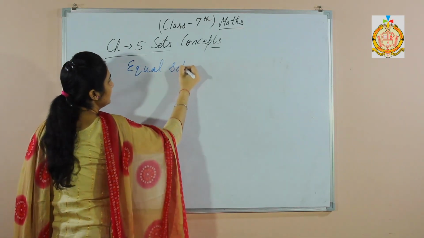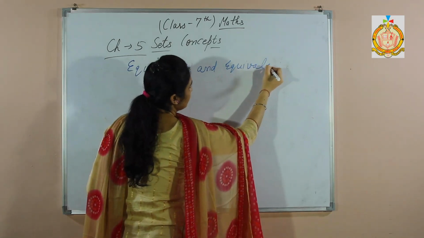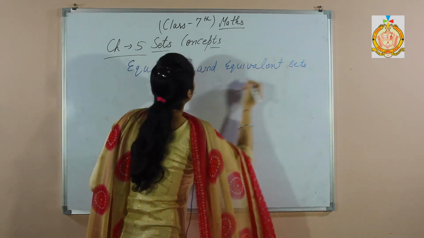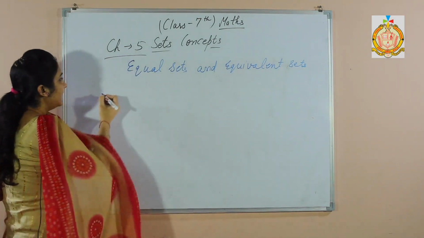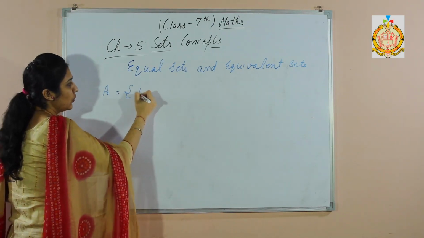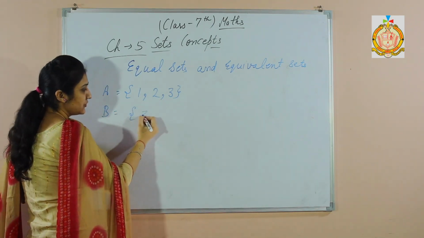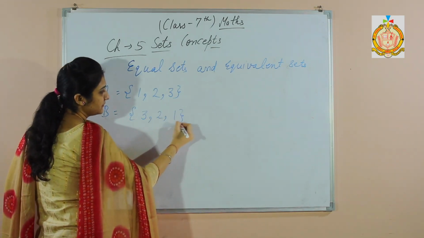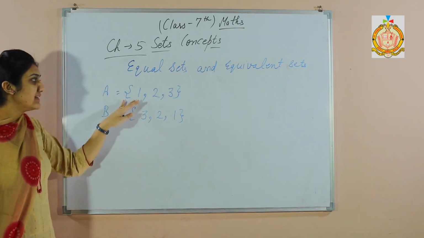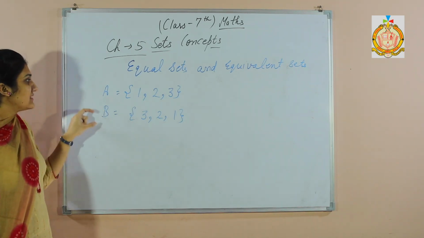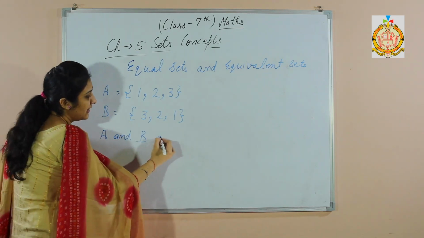If I write set A equals {1, 2, 3} and set B equals {3, 2, 1}, the arrangement of the elements doesn't matter in a set. These have the same elements, so we can say set A and set B are equal sets.